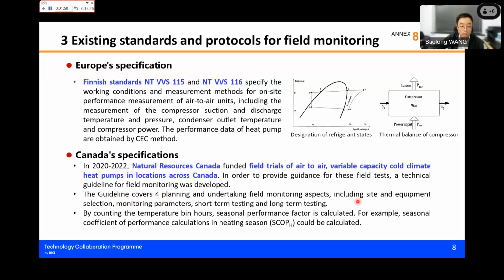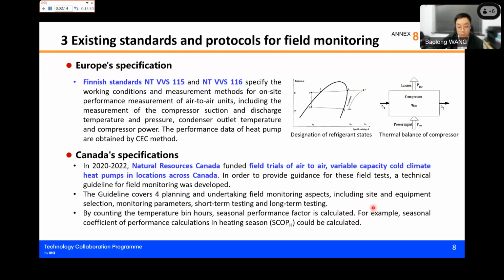The guidelines include how to select the site, how to select the equipment, how to monitor the parameters, and how to conduct short-term and long-term testing. So that's in this specific standard.